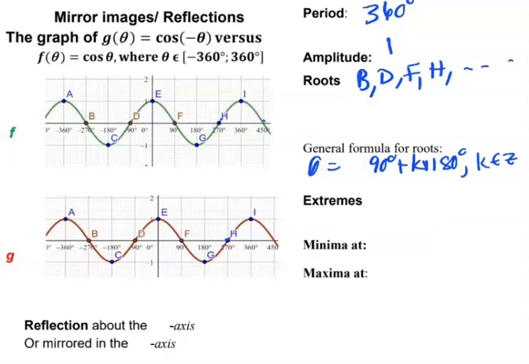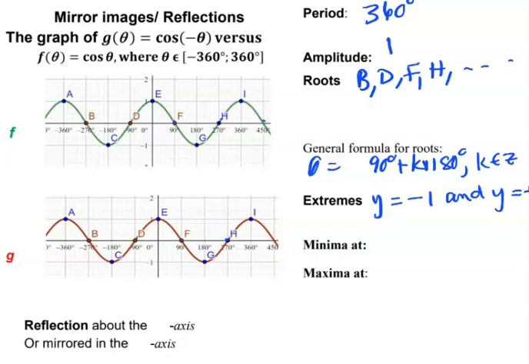The extremes are exactly the same. They are y equal to plus 1 and y equal to minus 1, both of them. And the minima occur at exactly the same points. So you can have a look at the formulas there. We can also write this as 2k plus 1, to make it easier for us to substitute a simpler formula.